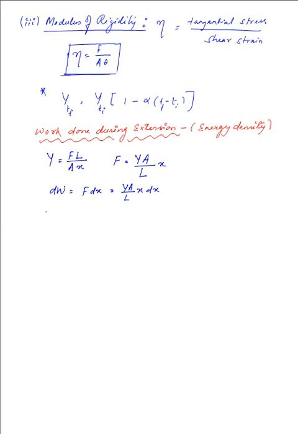So the total work done can be obtained by integrating dW over the whole range, if the extension is taken from 0 to a final distance, let us say small l. Then we have the x dx over here.